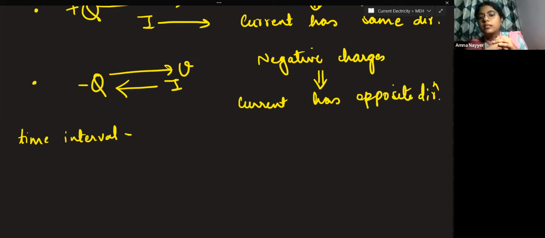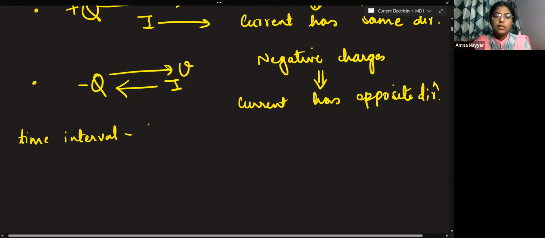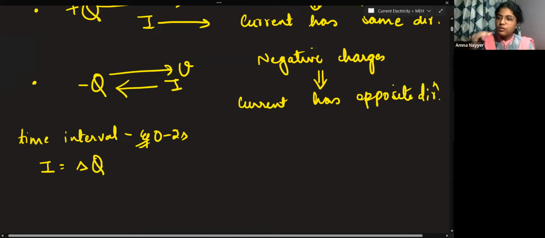Let's say the example 0 to 2 seconds. Here we take the difference of the charges, that is Q final minus Q initial. Q final means charge at 2 seconds minus charge at 0 seconds, divided by the time interval, which in this case is 2 minus 0, that is 2 seconds.